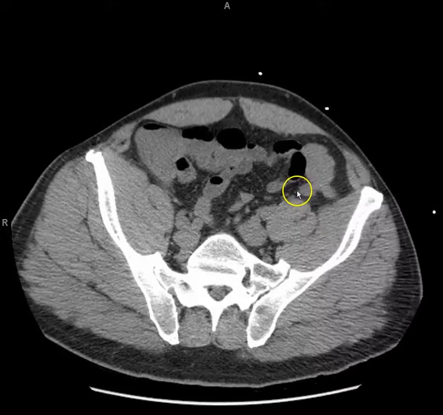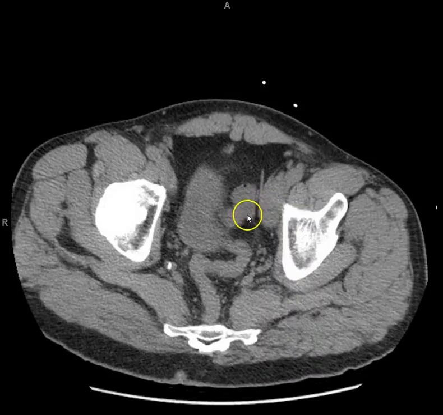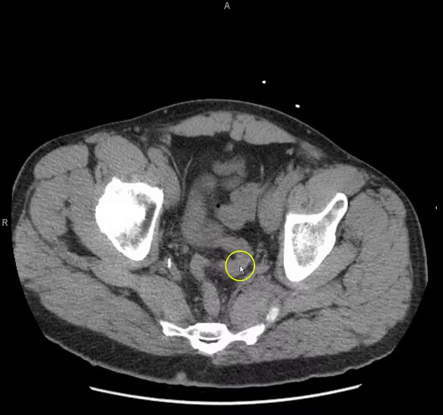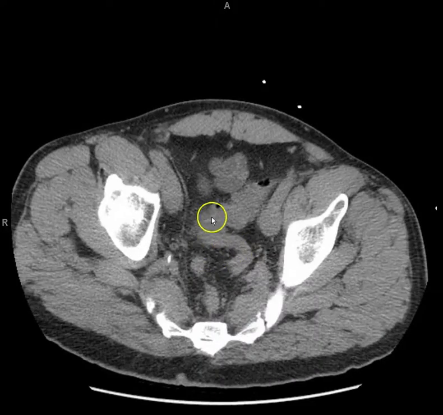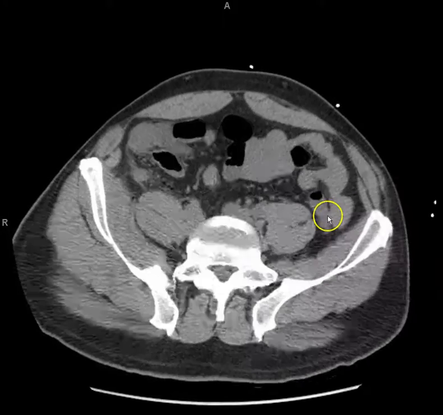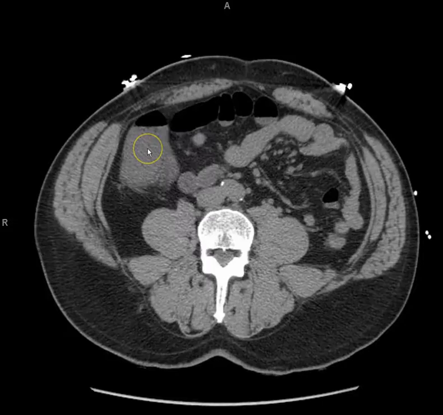It's going to come around, oops, that's too fast. Comes around, gives you the rectum. There's the sigmoid and descending colon. Okay? Do you have inflammation at any of those sites?